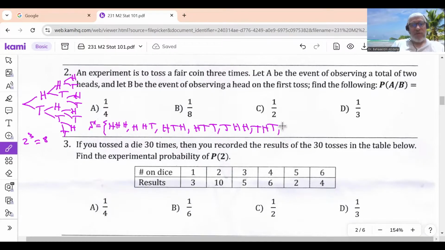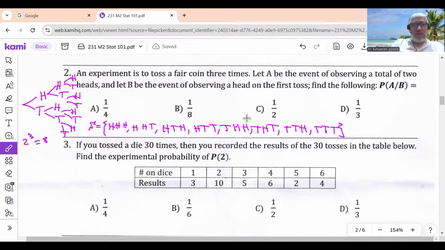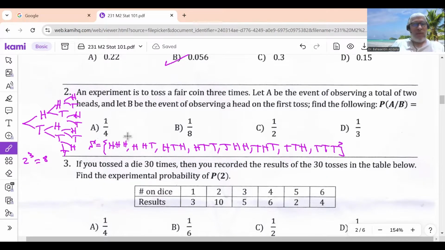Okay, you should understand this experiment and keep it in your mind. So 2, 4, 6, 8 outcomes. Let A be the event of observing a total of 2 heads. So he defines A to be the event of observing a total of 2 heads.